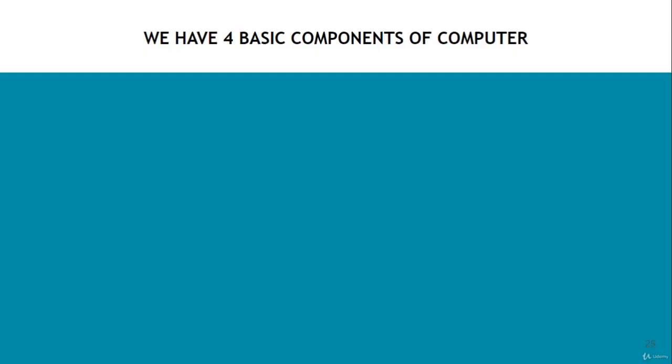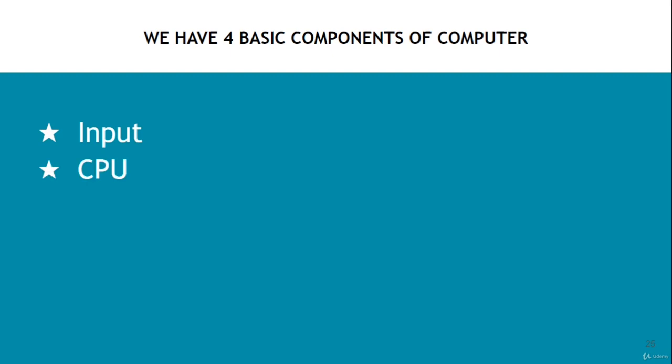So the number one thing is input. Whenever you have a computer, there is something you put information into it, for example using a mouse or a keyboard, so you give information or data to the computer. That's called input devices.